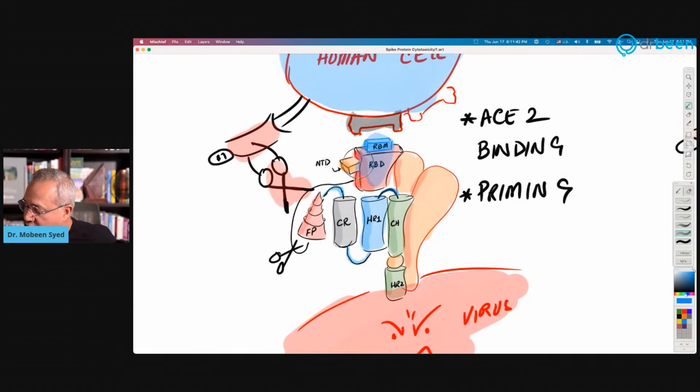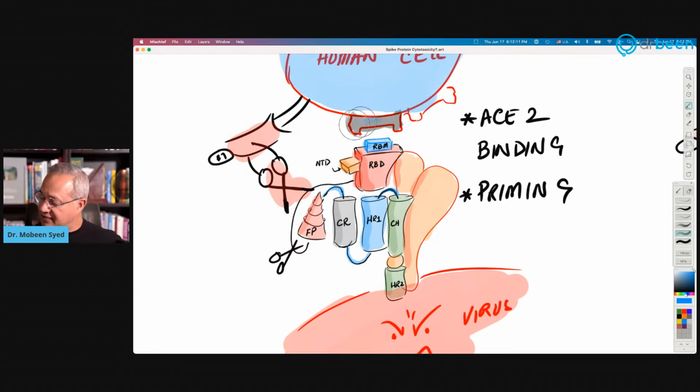When the S1 unit binds with the ACE2, we know that this little silly TMPRSS2, our little cute protein on the surface of our cells, it will cleave, it will cut the rope between S1 and S2. That cleavage or that cutting is done between S1 and S2 and then within S2 as well.